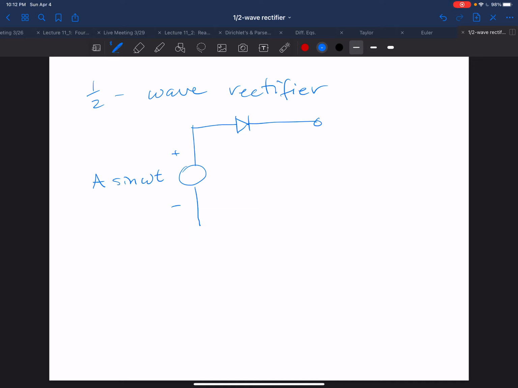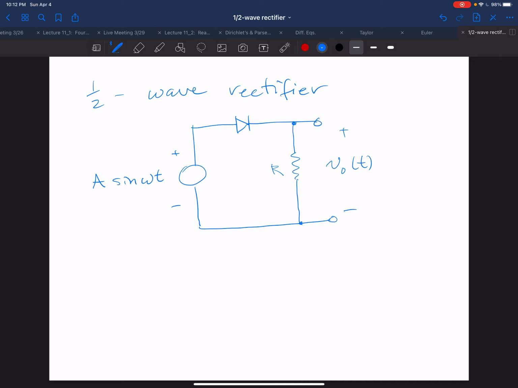There we have a diode, and you can think of a diode as a device that only lets current flow in one way, namely in this direction in which the triangle is pointing. For a load, let's just add a resistor across the terminals here, and we'll have an output voltage here.